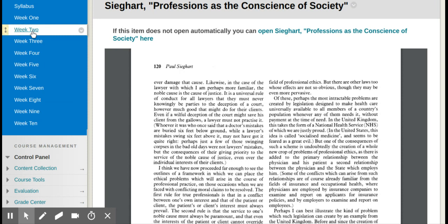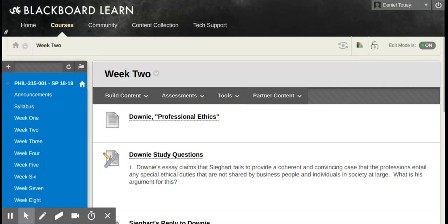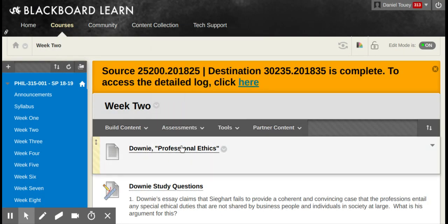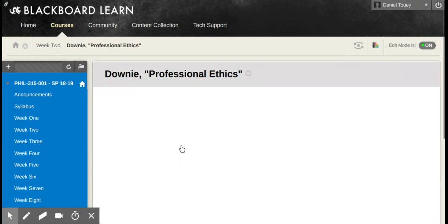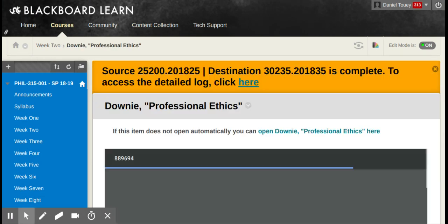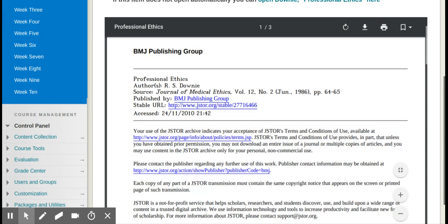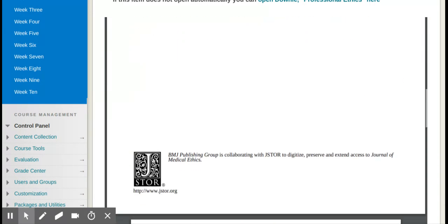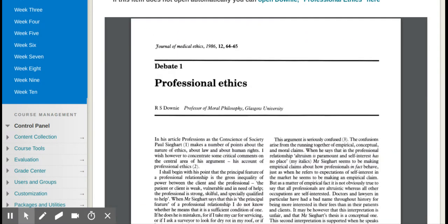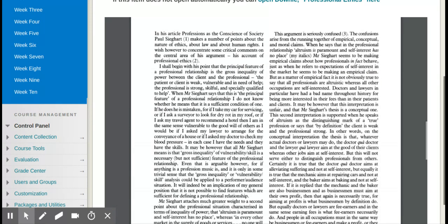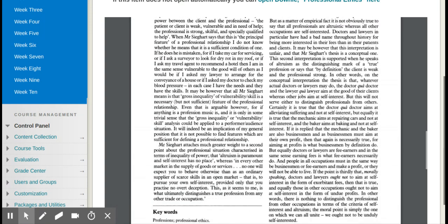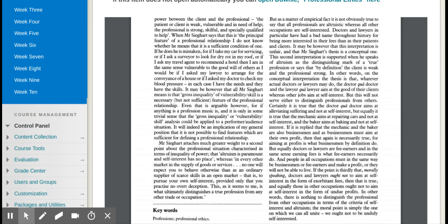Of course, we looked at Downey's critique of Sieghart, which is important and also illuminating. And he thinks that Sieghart is confused, and that the first confusion is really this notion of altruism.